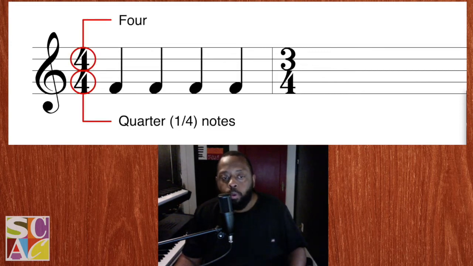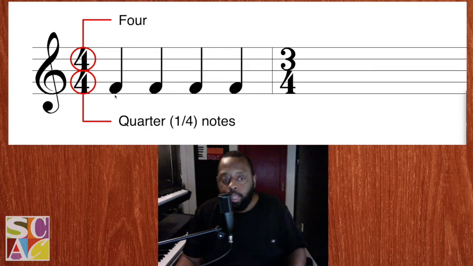Now here come the quarter notes that we saw in the previous video. Quarter, quarter, quarter, quarter. Now, as I stated, the top number here is 4, which means only 4 beats can complete this measure. And the bottom number represents what note is going to get the beat. And in this case, it's the quarter note.